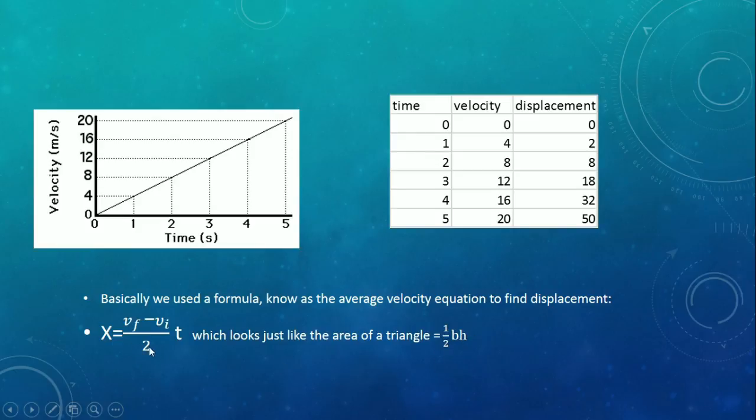The 1/2 is this 2 here, time is the base in this case, and the height is the change in velocity. Since we always started out with an initial velocity of 0, we only had one value for this. So that's how we get the average velocity equation. You take the final velocity minus initial, divide by 2, so that's an average, and multiply by the time. This is how we get displacement, just like we calculated.